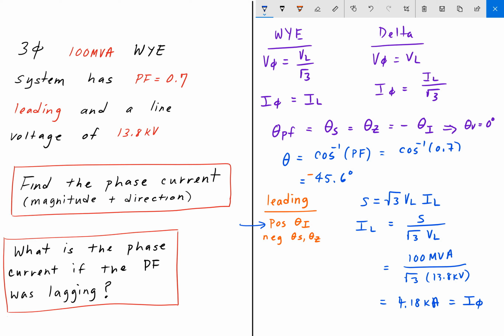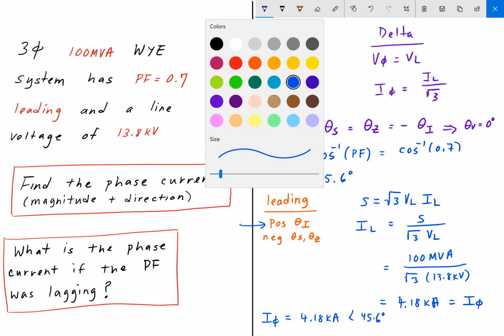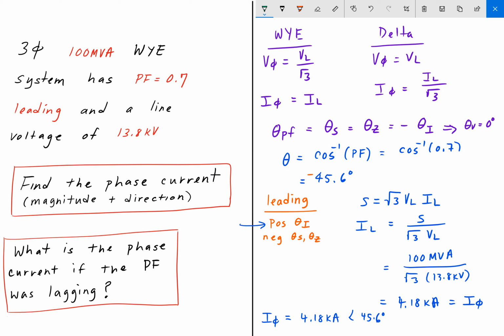So that gives us that the phase current is equal to 4.18 kiloamps at an angle of 45.6 degrees.